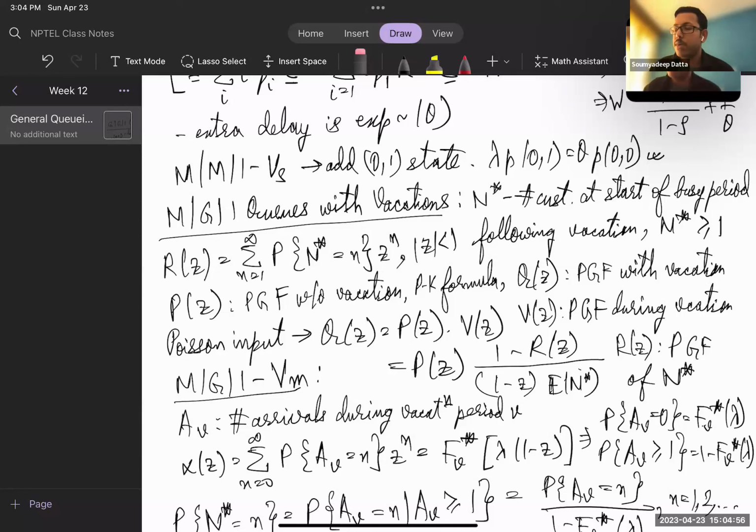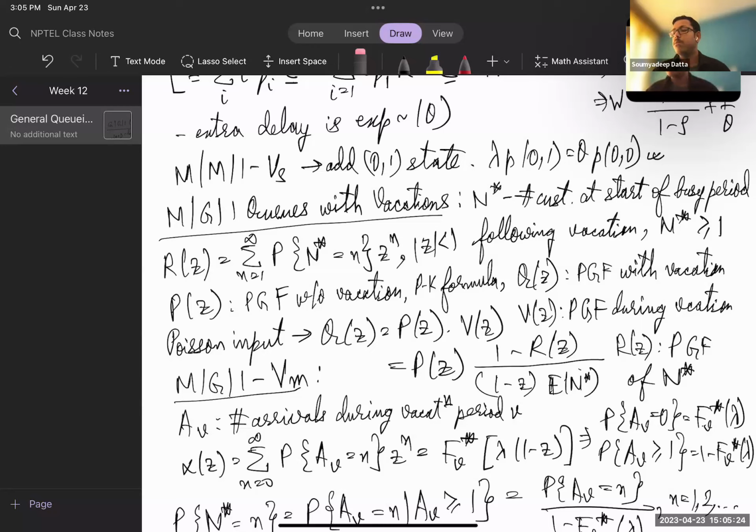By queues with vacations, what I mean is that sometimes the server is allowed to go on vacation, that is, not serve any user. So then the users which arrive during the vacation period will have to wait until the vacation period has expired.